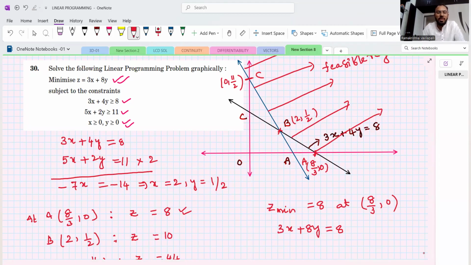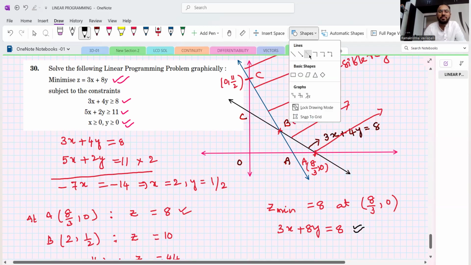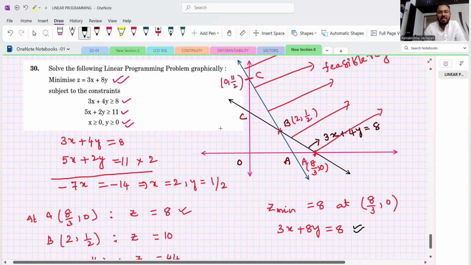All right. So what I will do is draw this line: y-intercept is 1 and x-intercept is 8 by 3. So I'll draw that line like this.